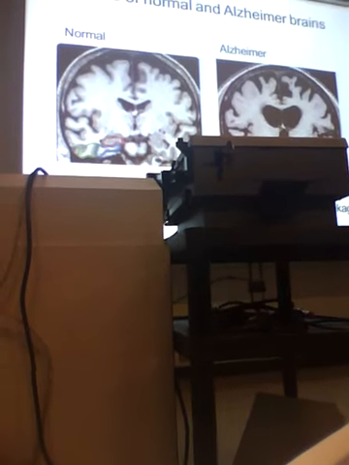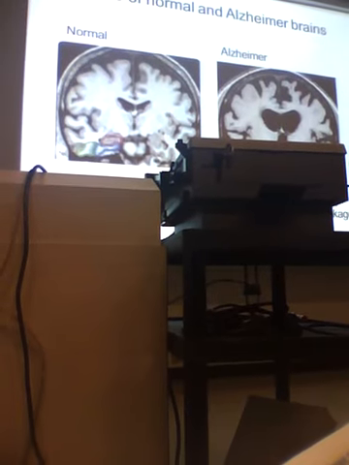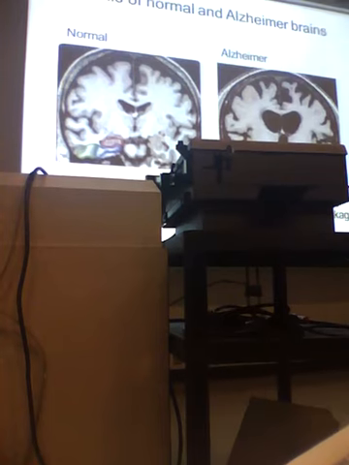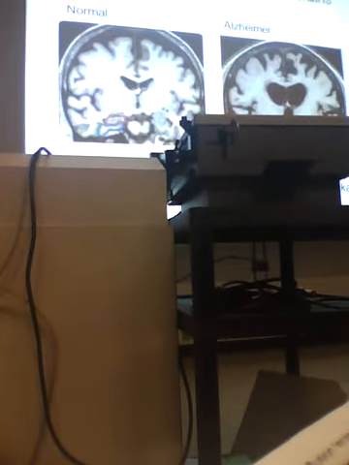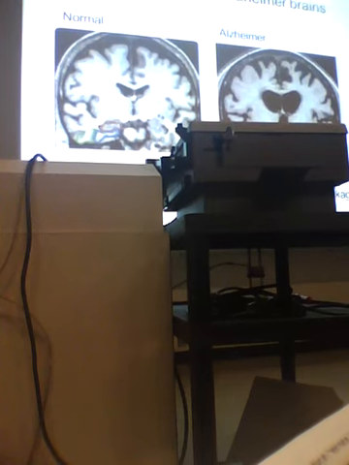And this is a normal brain, the hippocampus outlined in red, and you can see in the Alzheimer's brain it's shrunken, and there's a big space here. And you can also see in the Alzheimer's brain that there's general shrinkage of the whole brain. The ventricles, these are the ventricles here, much bigger, and you see these bigger spaces in the sulci of the brain. So that's the sort of thing that you can get.